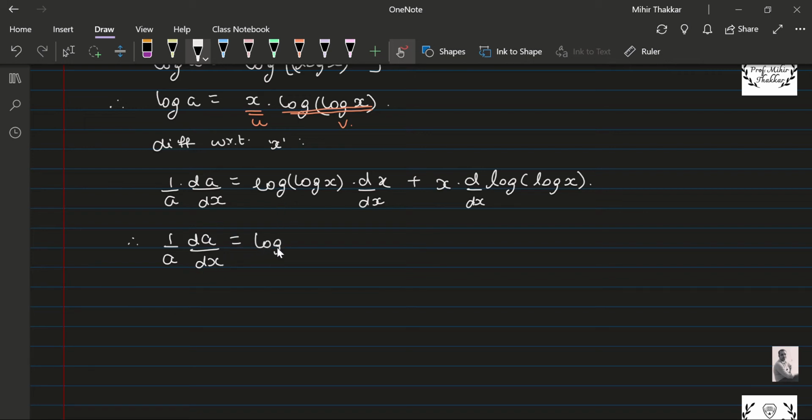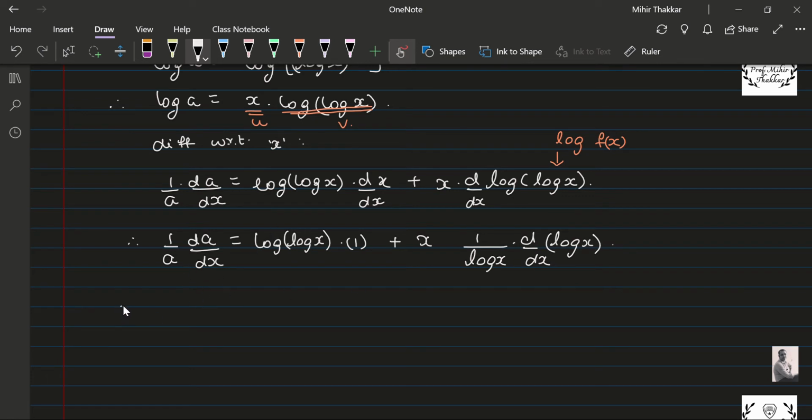Log of log x also comes down as it is. Derivative of x is 1. This x comes down as it is because it is outside the derivative sign, and this term over here becomes log of f(x). So the derivative of log f(x) is 1 upon f(x). So I get 1 upon log x multiplied by derivative of f(x), so it is derivative of log x.